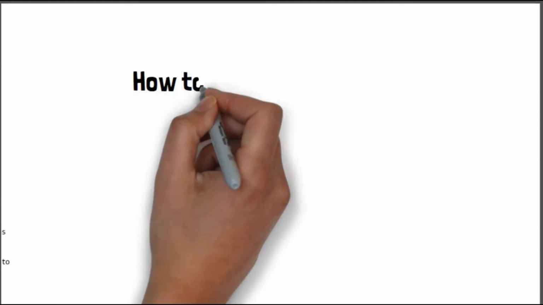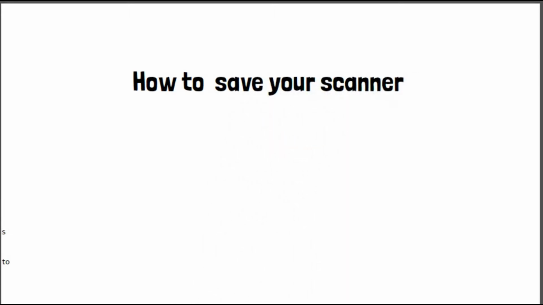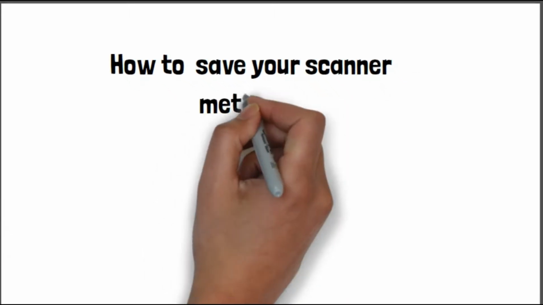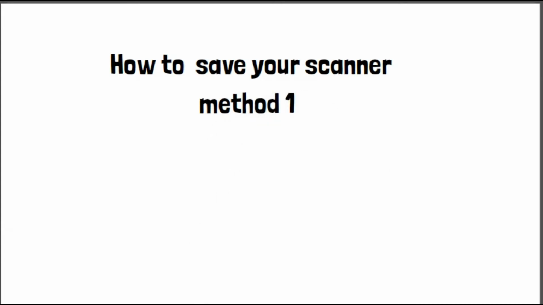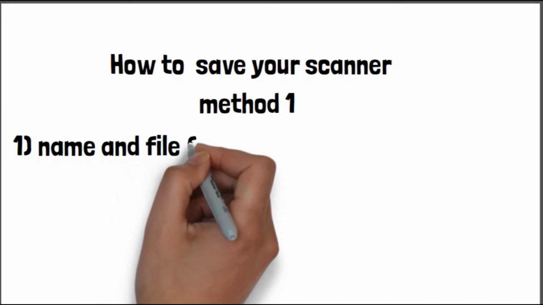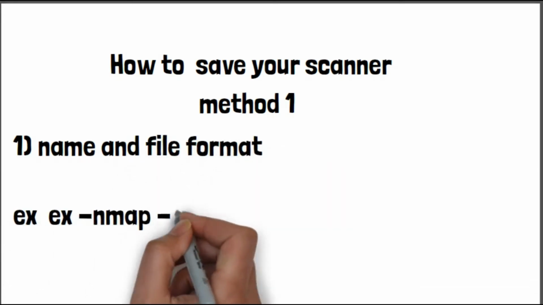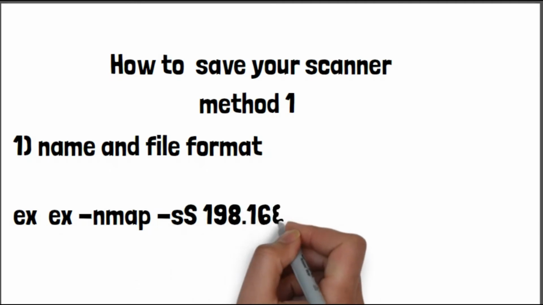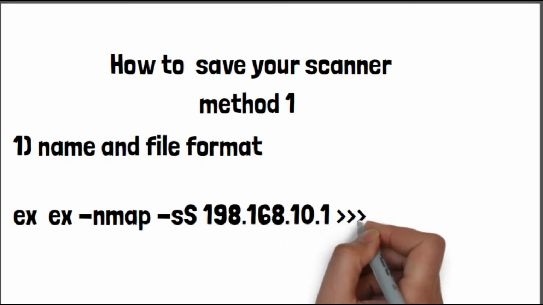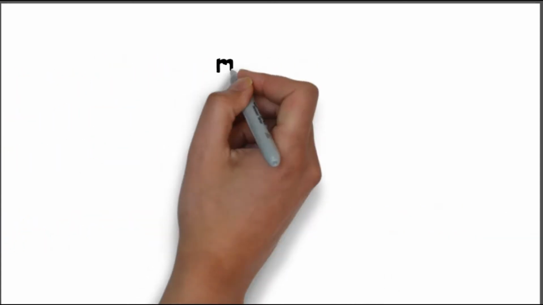And second, how you save your file or save your scan is the most common question. Method number 1, you type nmap, the name, and the file type you want to save it as. For example, nmap -sS, put the IP, and then the output and save format.